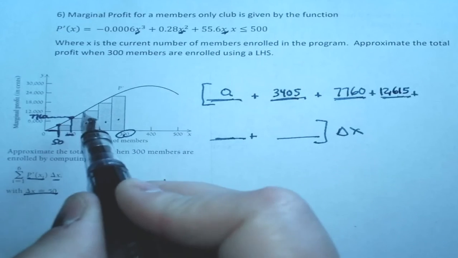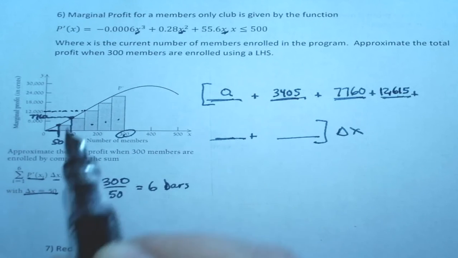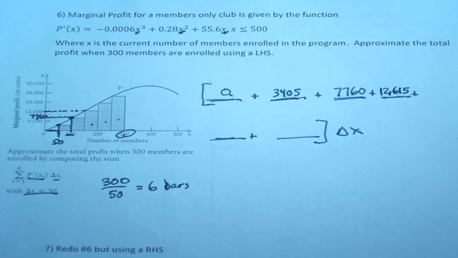If I go to 150 on the graph, that looks about right. It's just a hair over 12,000.